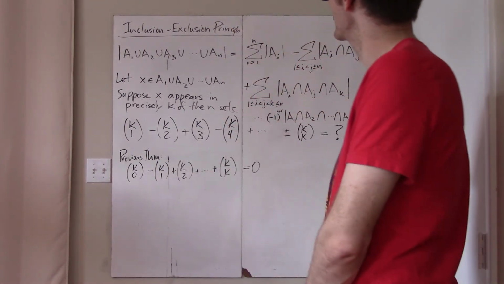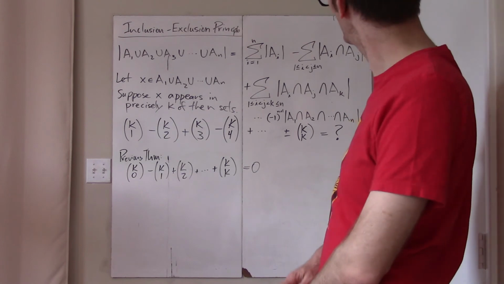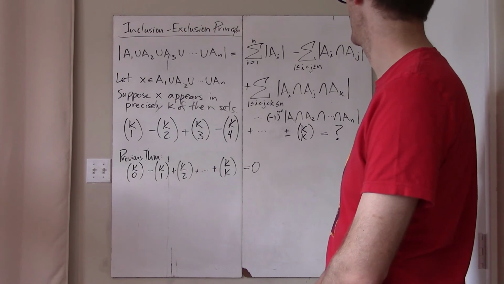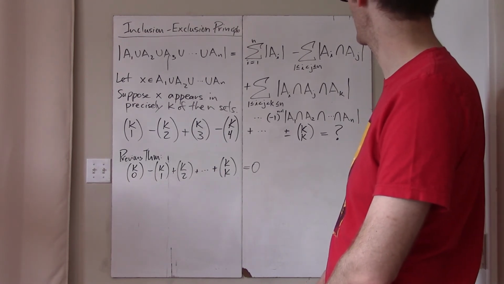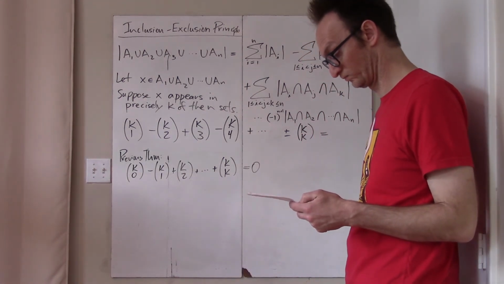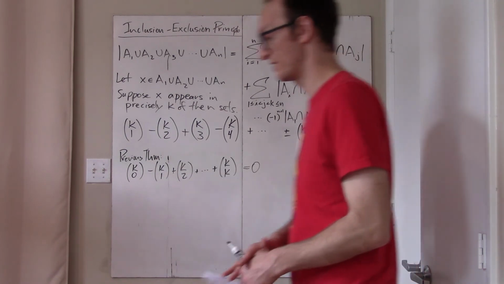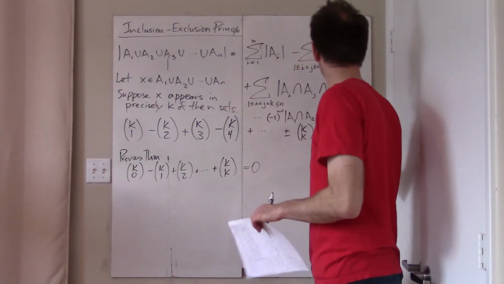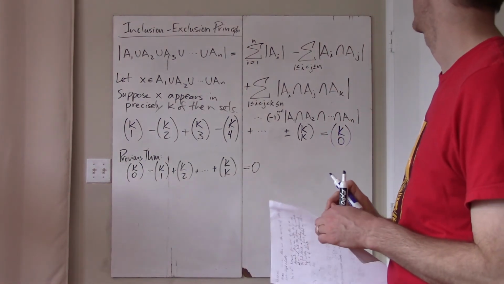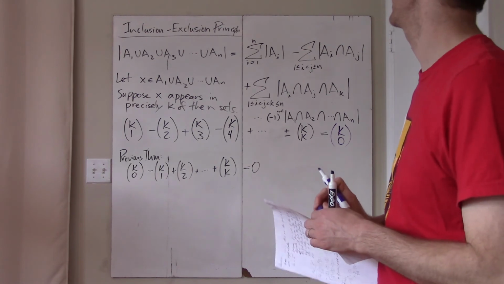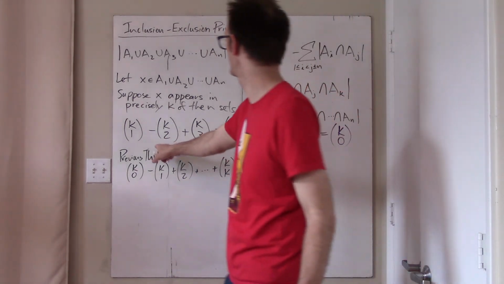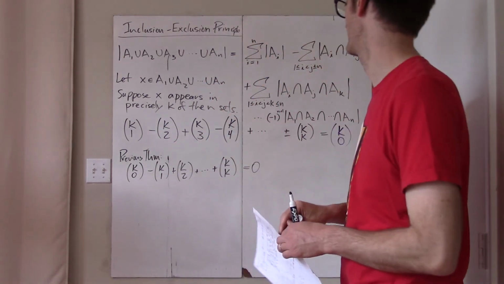In other words, the number of even-sized subsets is equal to the number of odd-sized subsets. Well, here the only thing missing is k choose 0. Why is that? Well, it just is, right? Subtract k choose 0 from both sides, and now you get this precise thing.